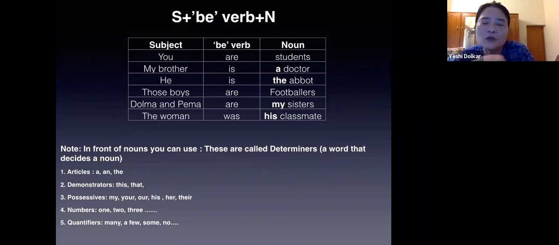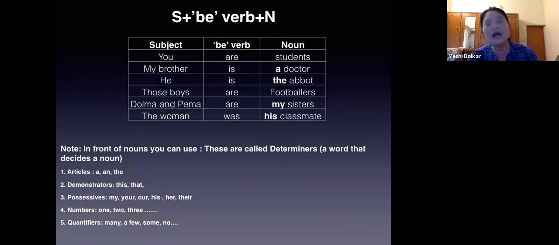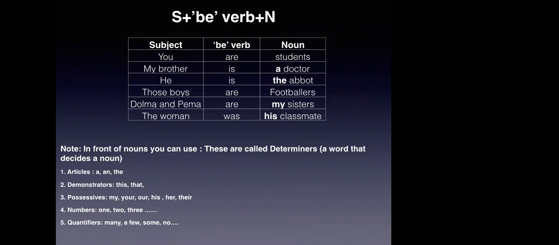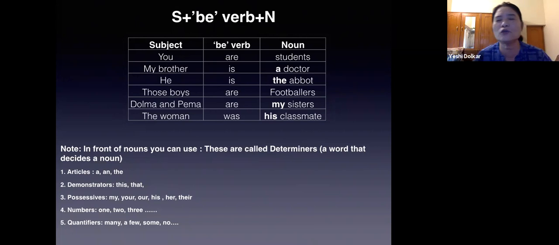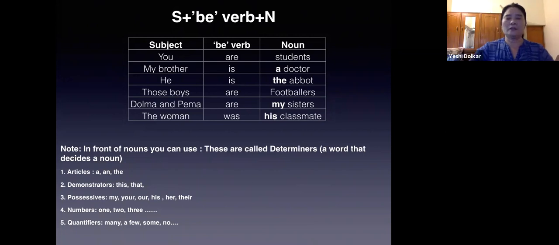The vowel sound of U is umbrella, umpire, like uncle, uncle. You understand? Okay. Yes.